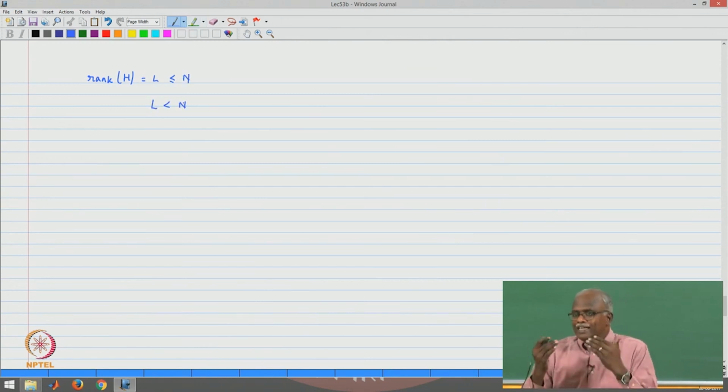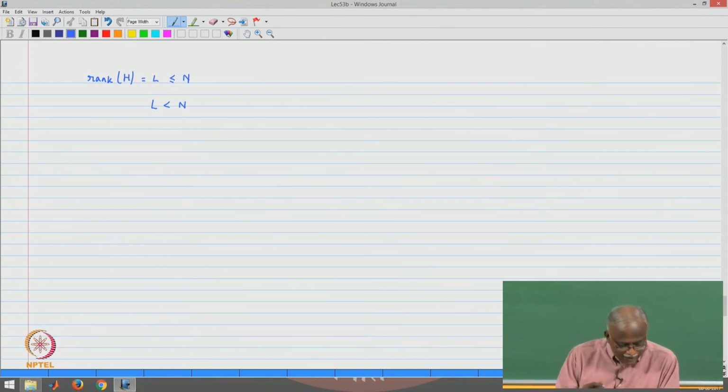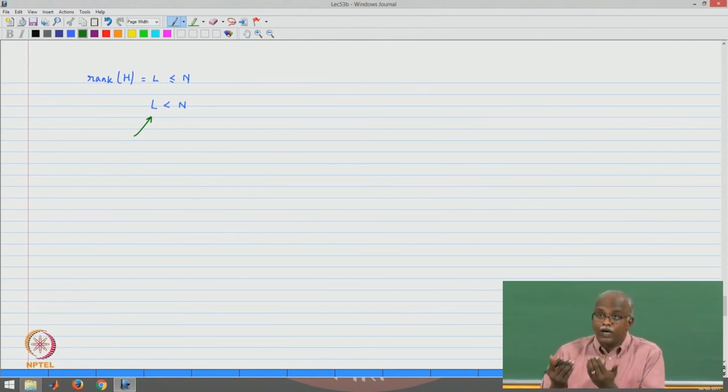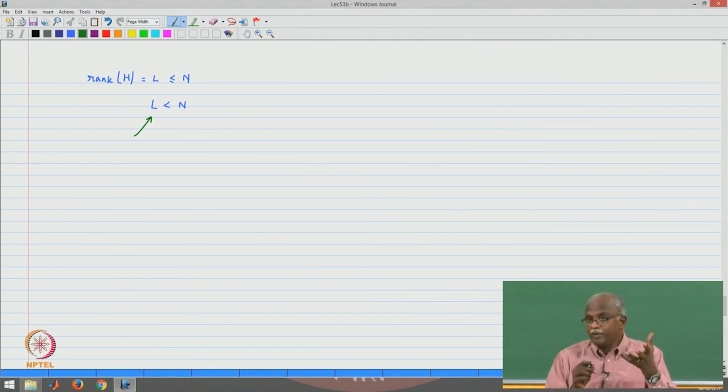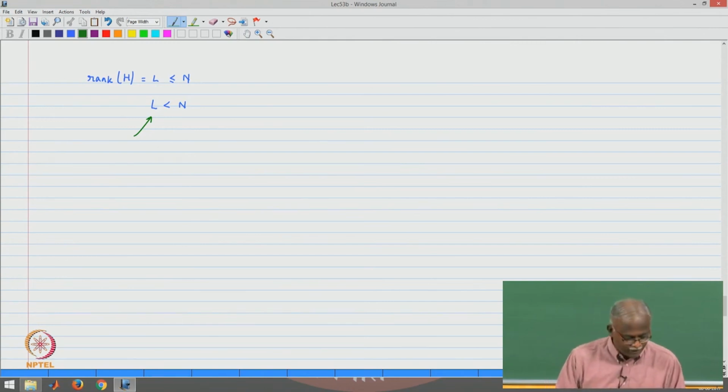In other words, we do not have full rank and we have fewer channels. In such a case, we are transmitting using only L parallel channels, where L is less than n, and therefore the capacity goes down. So, you can see how if the rank of H goes down, then the capacity also decreases. It is very important that we identify that the rank of the matrix H plays an important role in terms of the capacity that we can achieve.